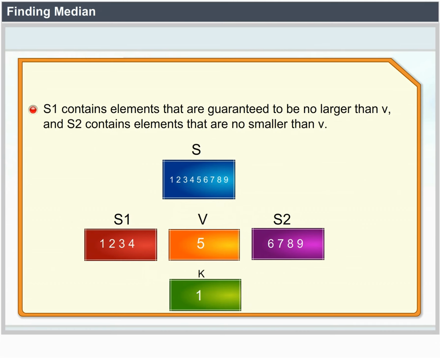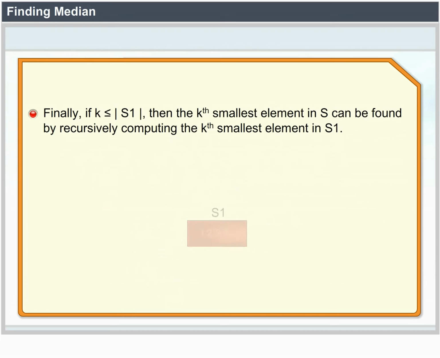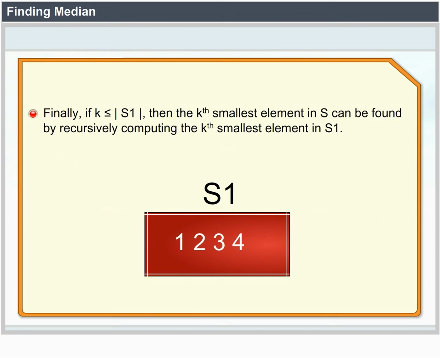S1 contains elements that are guaranteed to be no larger than v, and S2 contains elements that are no smaller than v. Finally, if k is less than or equal to |S1|, then the kth smallest element in S can be found by recursively computing the kth smallest element in S1.